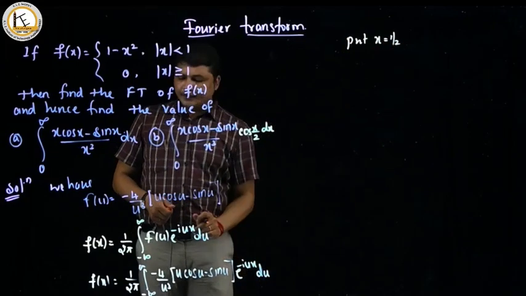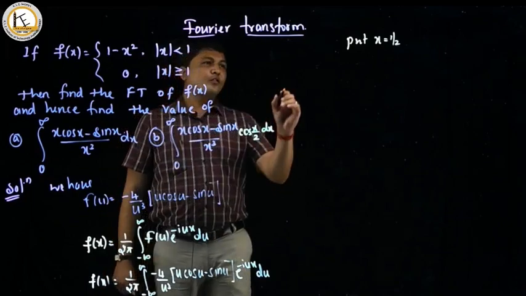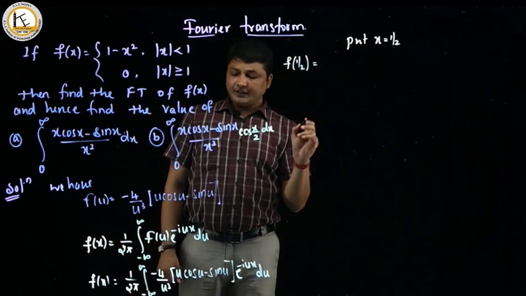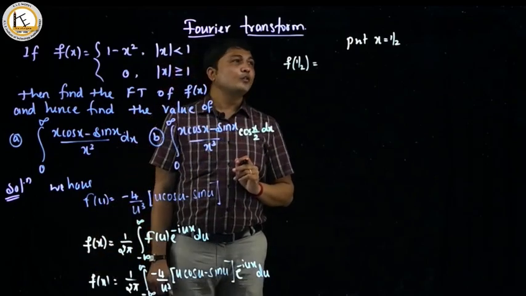So when we put x equal to 1 by 2, this f of x becomes f of 1 by 2, which means wherever x is there we put 1 by 2.